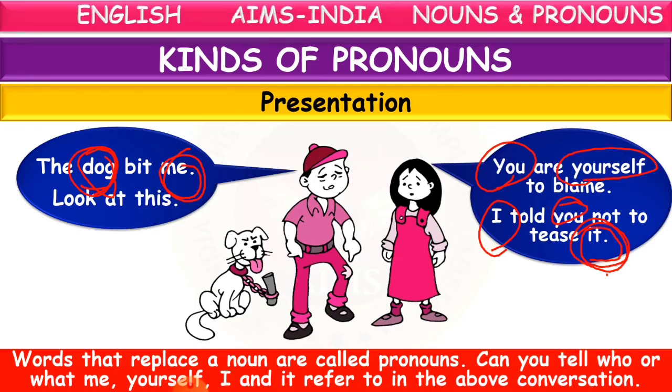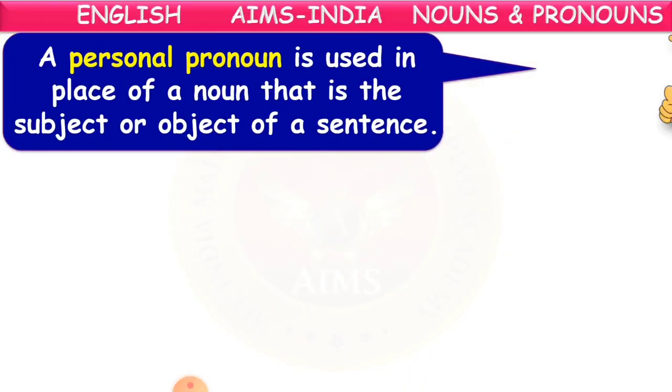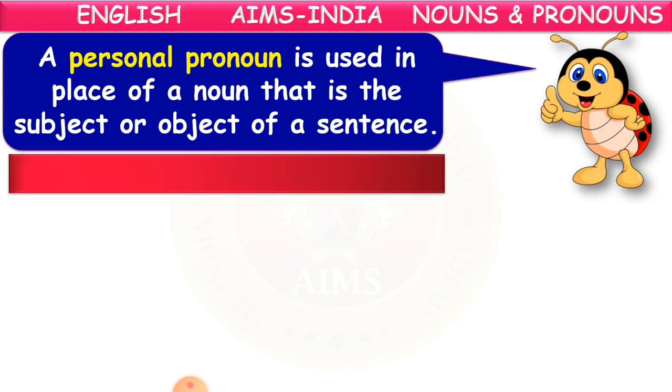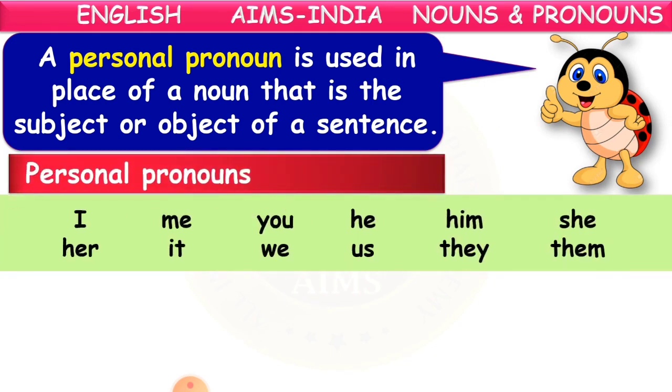Clear, children? So we'll learn again about them here. A personal pronoun is used in the place of a noun that is the subject or object of a sentence. In pronouns we have different kinds of pronouns, and we are talking about the personal pronoun.